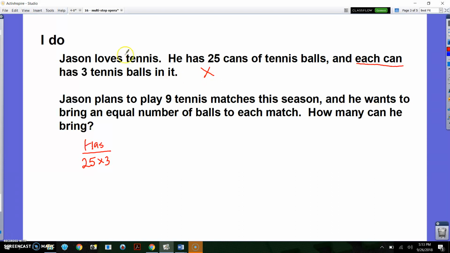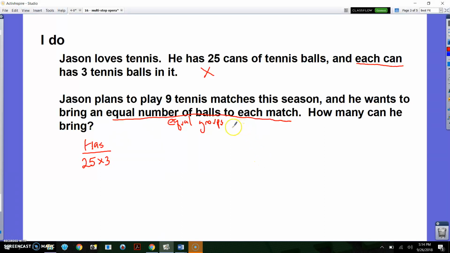I've also got to figure out how many he can bring to his matches. So he plans to play 9 tennis matches this season, and he wants to bring an equal number to each match. That sounds like making groups to me. I want to take, however many this is, an equal number. I want to divide them into equal groups to take to his tennis matches this year.